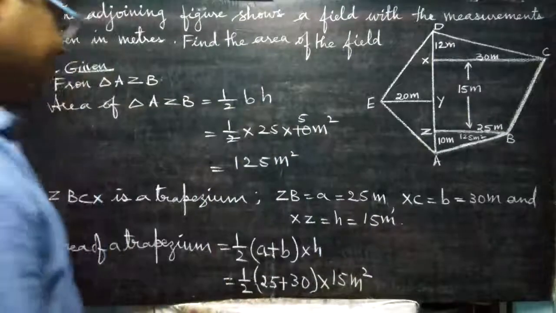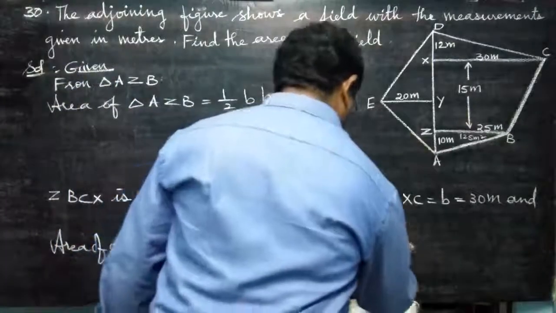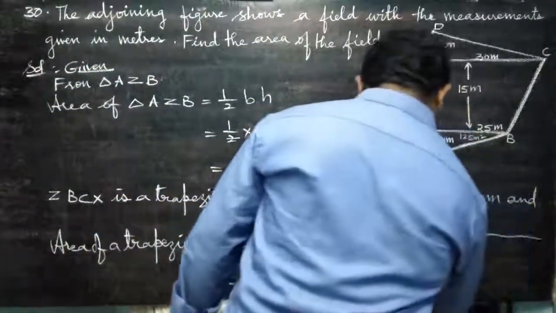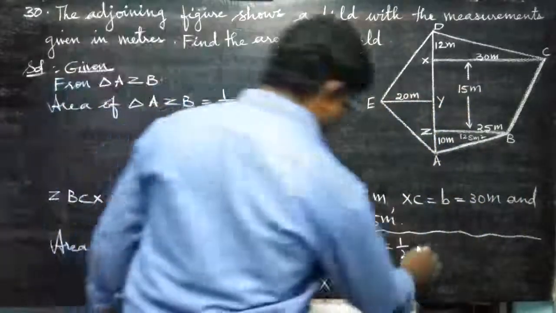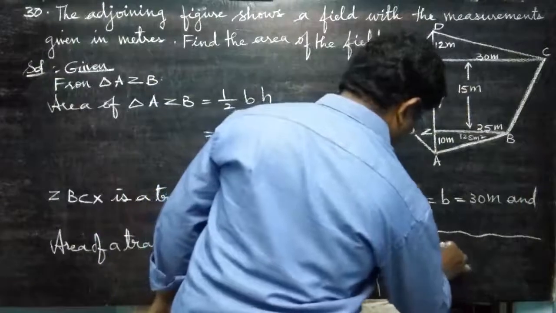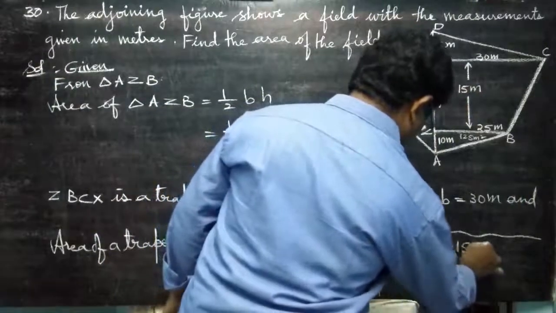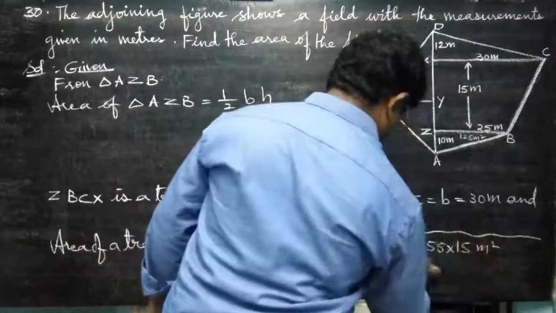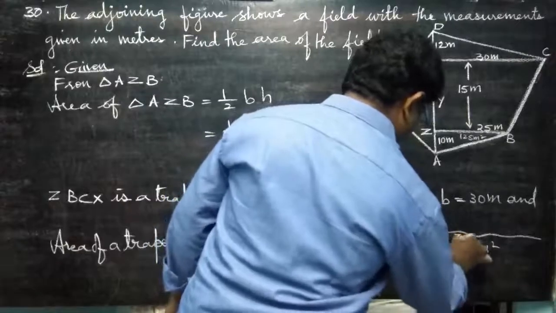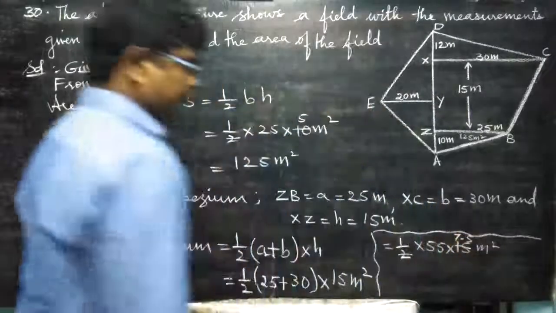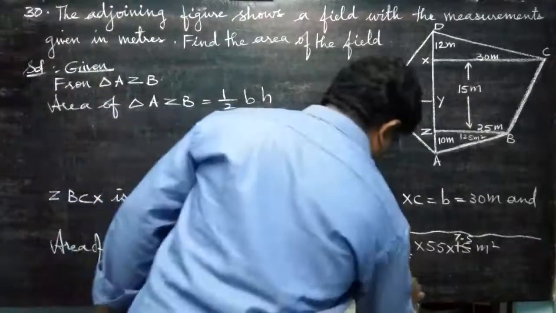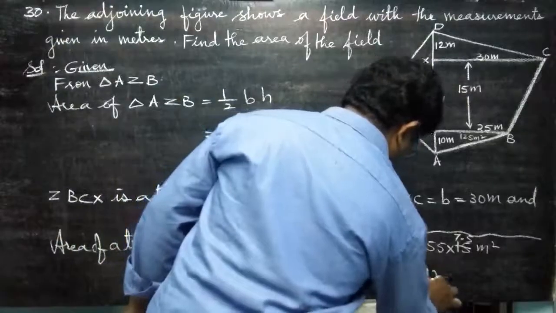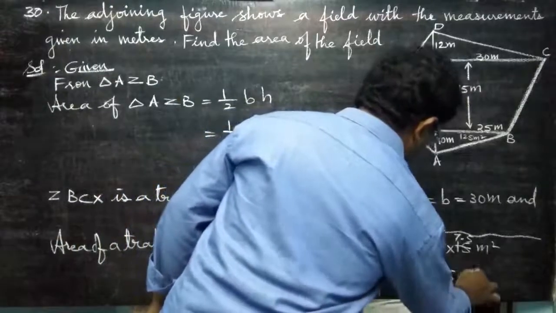Now simplify it. That is equal to half 55 into 15 meters square. 2 goes in 15, 7.5 meters. When you multiply, you will get 412.5 meters square.